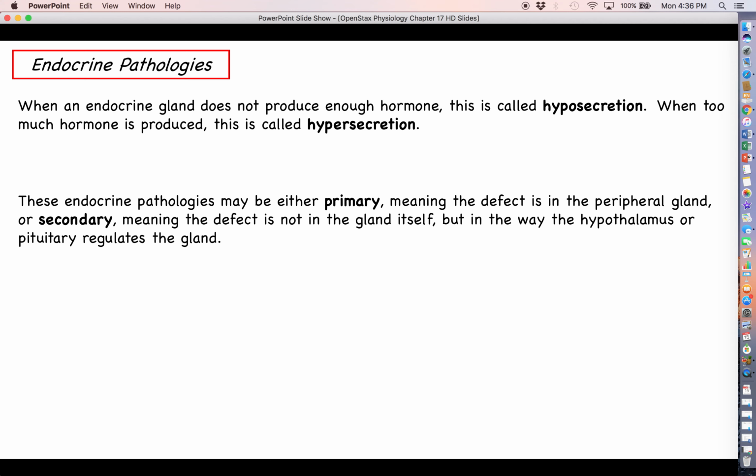Just because a gland is making too much or too little hormone, that does not necessarily mean that the problem lies in that particular gland. For example, just because a patient comes to see you and has very low levels of thyroid hormone, that doesn't necessarily mean the problem is with their thyroid.